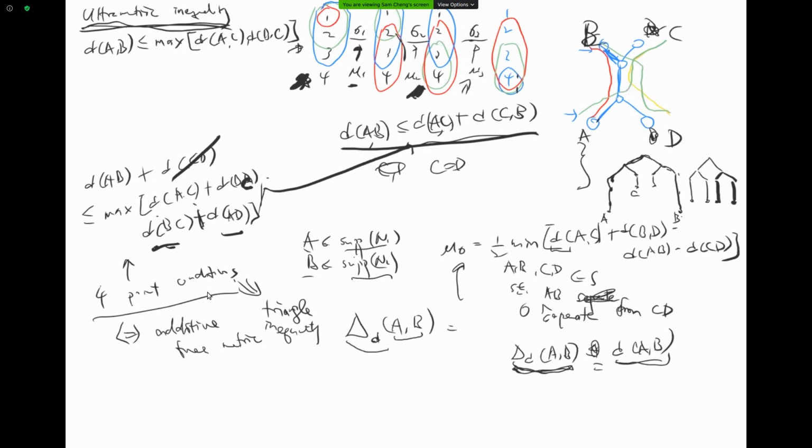So DAB is much longer than DAC plus DBC. On the other hand, if I have a tree where each node goes to equal depth, then DAB will be the same as, or less than, the maximum of DAC and DBC.